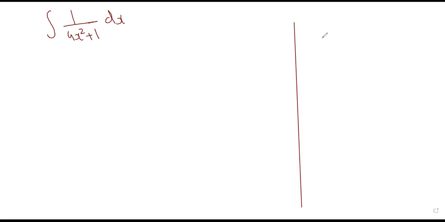Now look, I'm saying if the question was of this type, x over 4x square plus 1 dx, in this case, you could have said that my integral would be of this form. Why? Because you need the derivative of this function in the numerator. What is the derivative of 4x square? 8x.